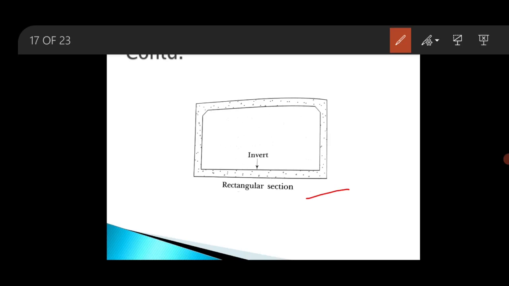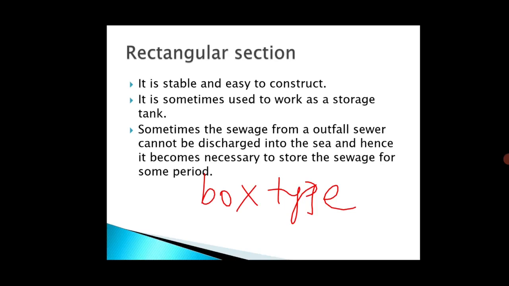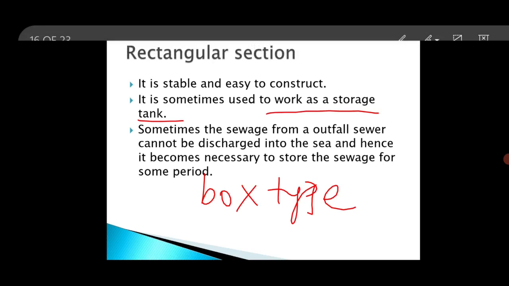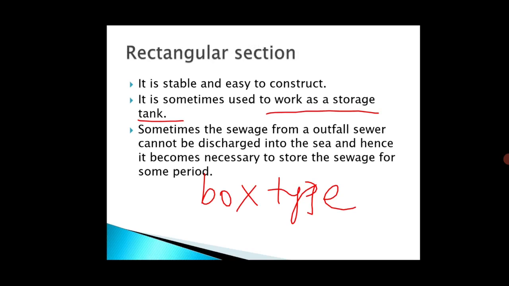It is sometimes used as a storage tank. Sometimes what happens, the sewage from an outfall sewer cannot be discharged into the sea during heavy tide, and hence it becomes necessary to store the sewage for some period. So in that case, generally the rectangular section is used.